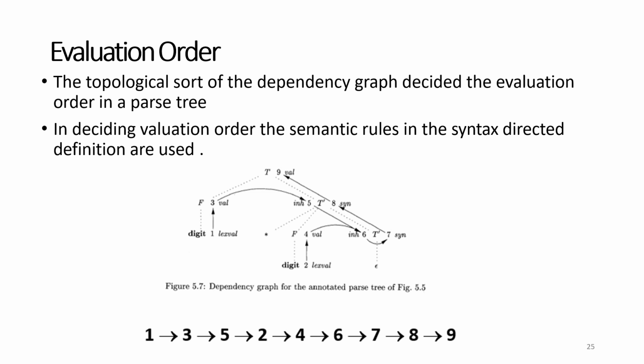This is called the order of evaluation. Dependency is how nodes depend on other nodes. Order of evaluation is how we evaluate the expression from left to right. This is called the topological sort of the dependency graph, which decides the evaluation order in the parse tree. Thank you.